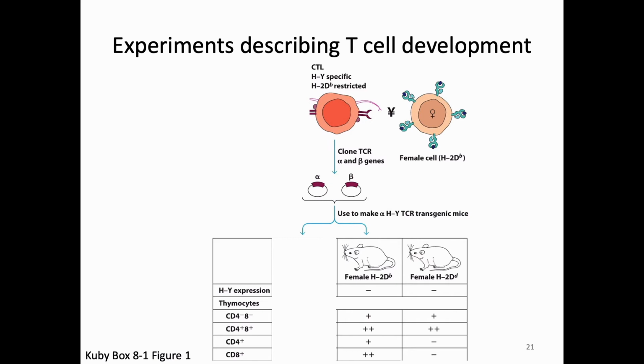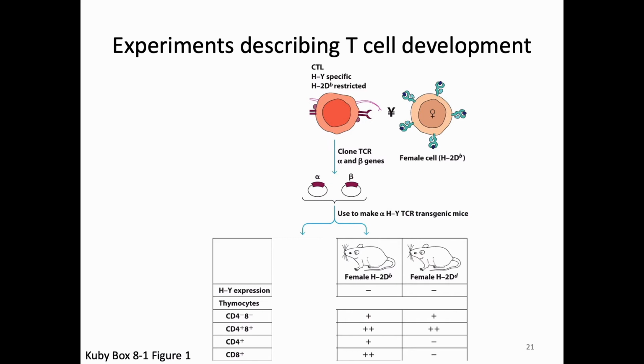So they found this CD8 positive T cell that recognized this antigen, HY. And they got the alpha and beta T cell receptors from this mouse.